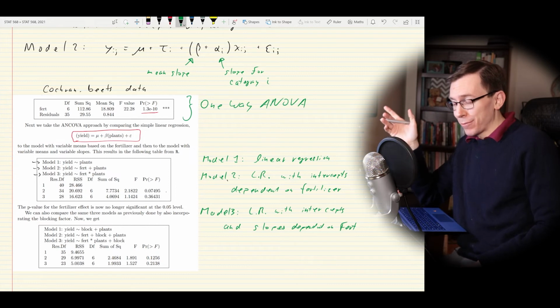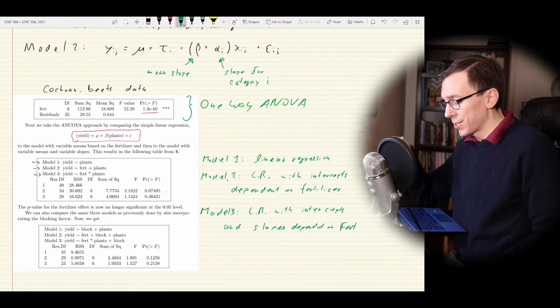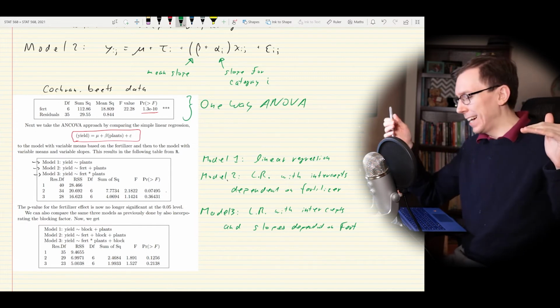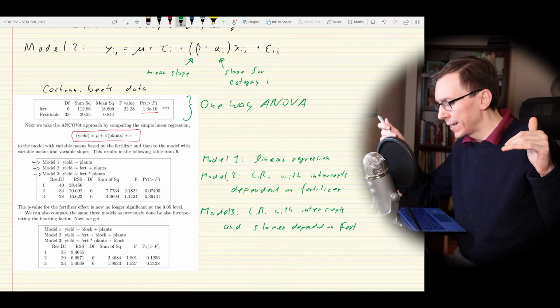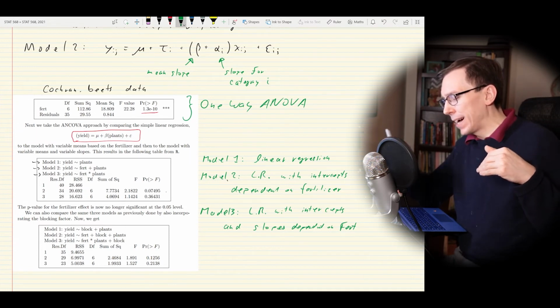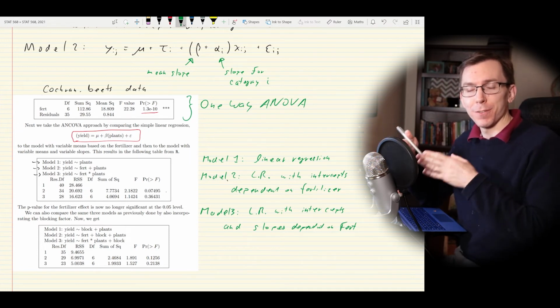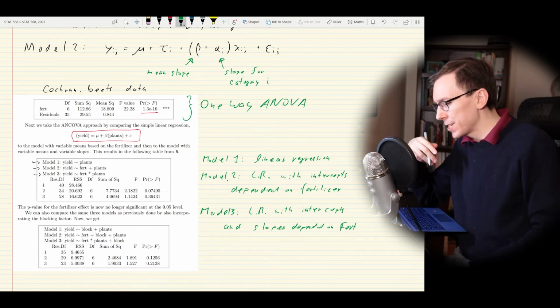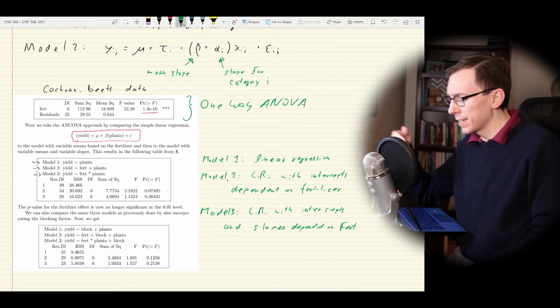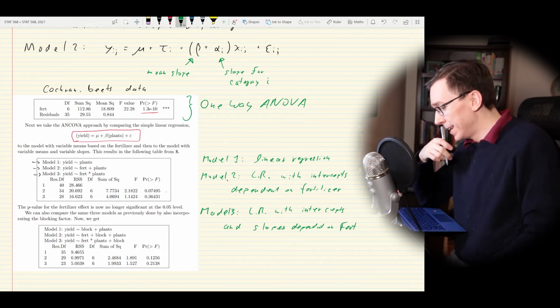So these are three different ways, and that's the equation. If I use a plus sign, I'm just saying I have the fertilizer. It has, I think, 7 levels here, so 6 degrees of freedom. And then I have my number of plants, which is observed for each of my observations. There are 42 observations in the entire data set.